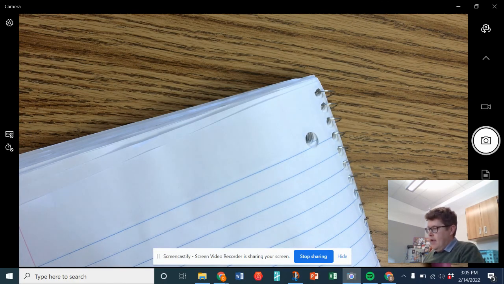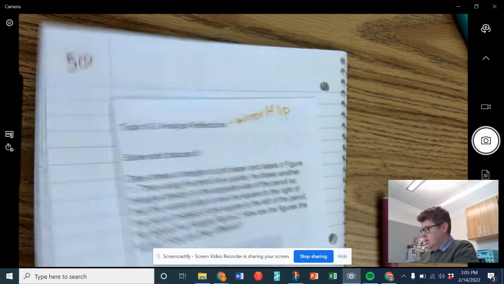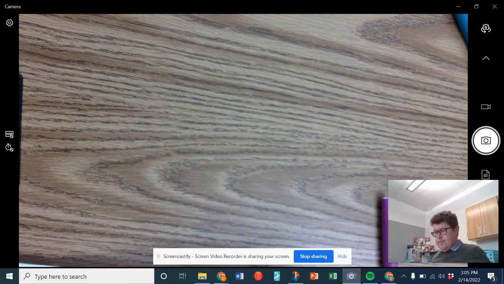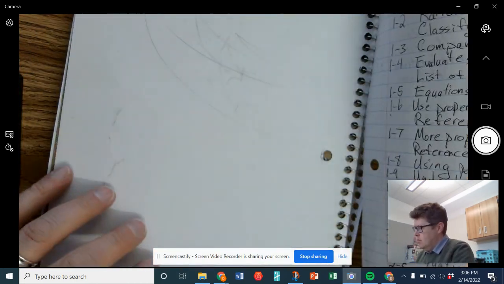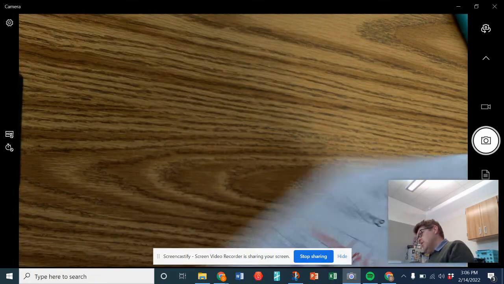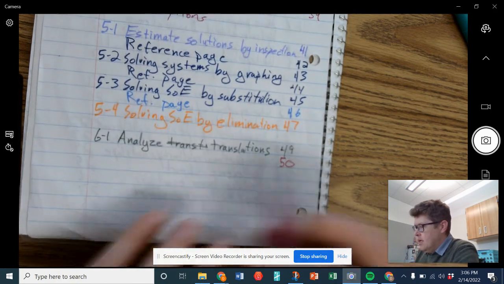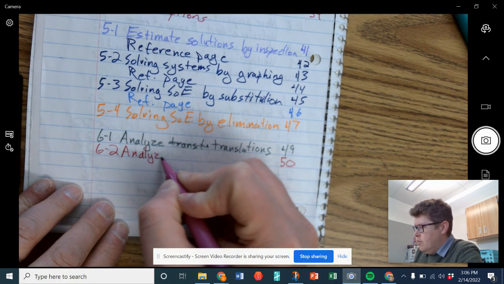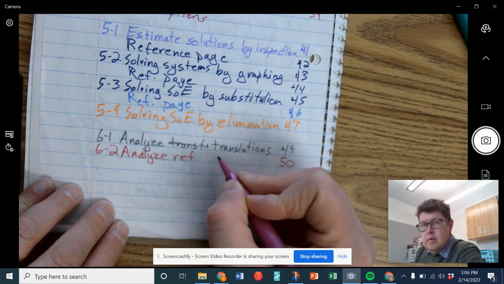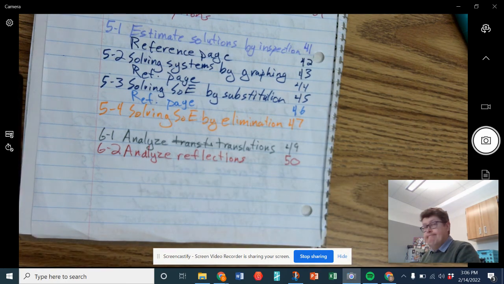And then I'll put it in the table of contents. Let's zoom that out. We'll put this on page 50. I'm running out of room here. Okay, so page 50, this is 6-2, analyze reflection. Okay, that's that, guys.